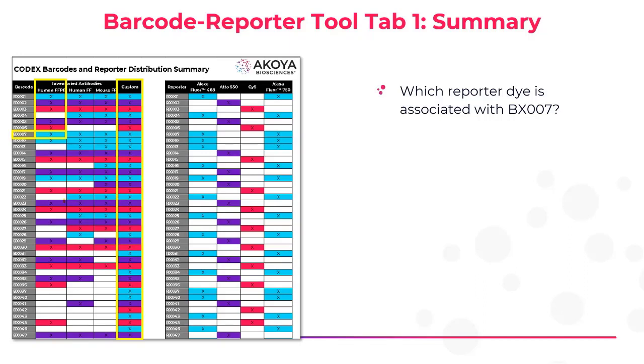I can see here that there's already an inventoried antibody associated with BX007, and moreover, if I look to the next chart over, I can see that the complementary reporter is RX007, and it is available in two configurations, AF488 and AF750.